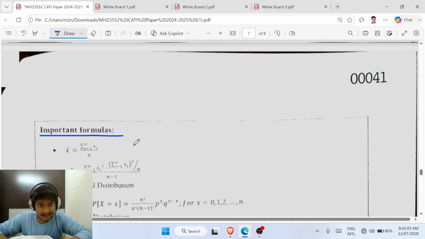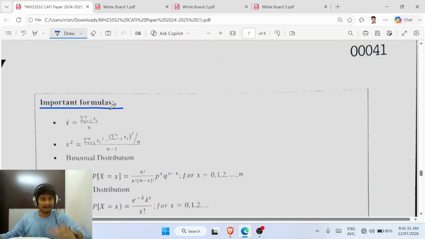I am not sure whether they will give the formulas in this kit. In last year's kit, they gave the formulas. Now I don't know whether they will give us the formulas or not.